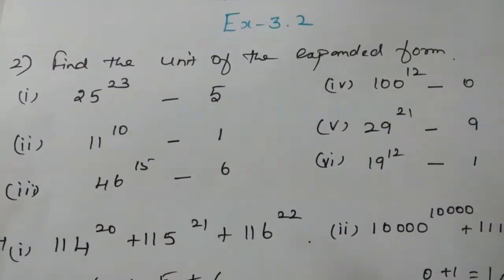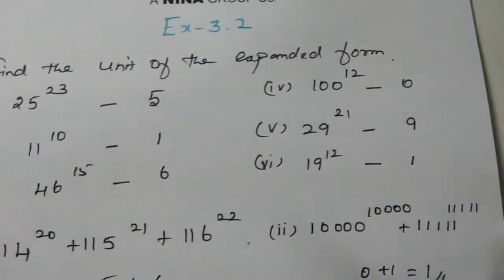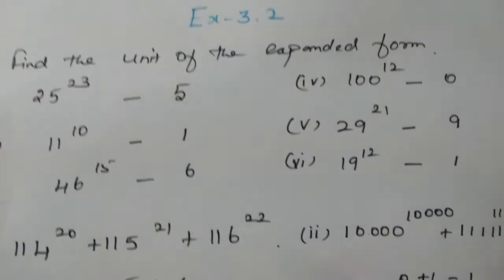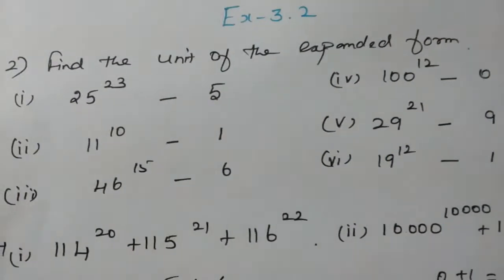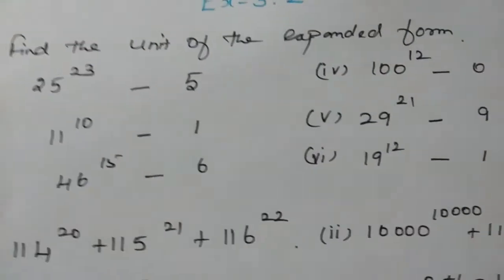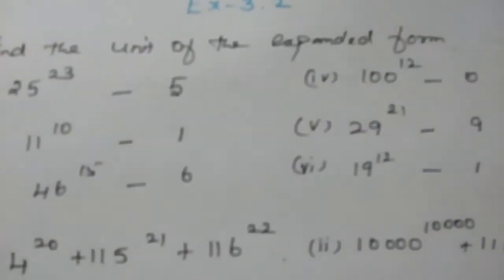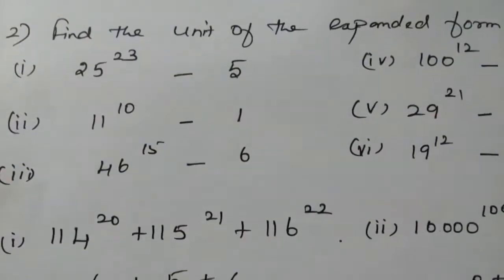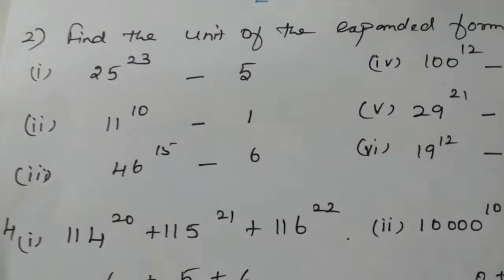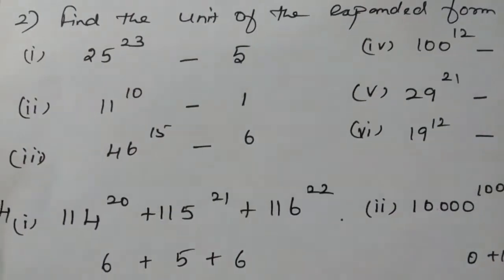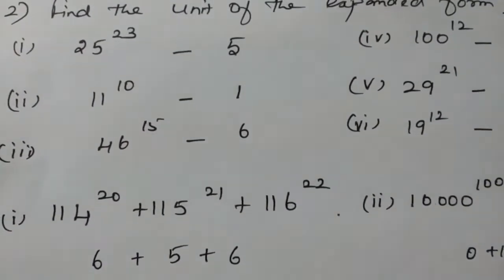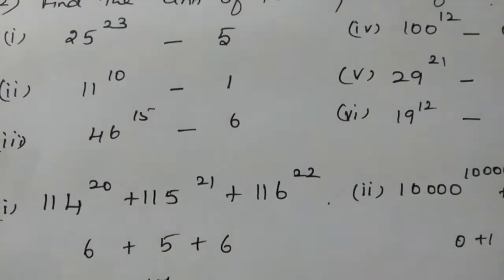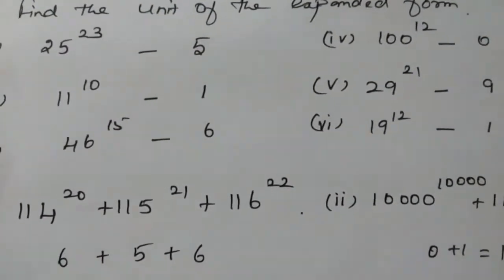Third Roman letter, find the unit digit of the expanded form. The first question is 25 the whole power 23. You should see the unit digit, which is 5. Whatever the power, odd or even, we will get the answer 5 only. Then 11 power 10. The unit digit is 1. 1 power any number, odd or even, the answer will be 1. 46 the whole power 15.